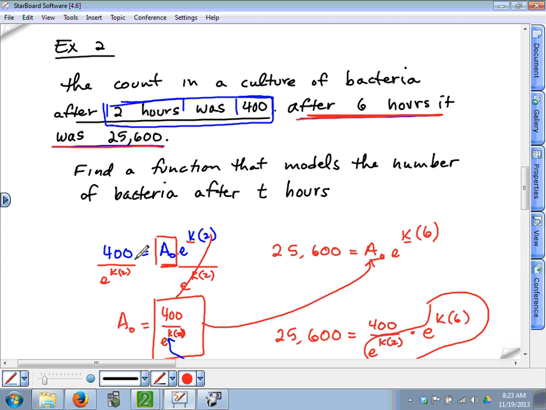The count in a culture of bacteria at 2 hours is 400. After 6 hours, it was 25,600.